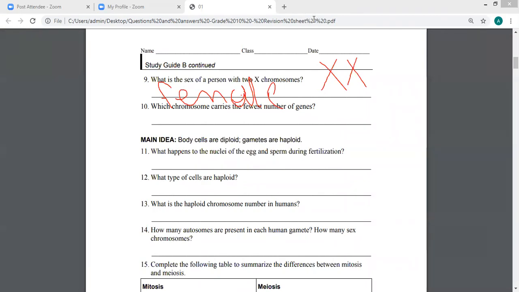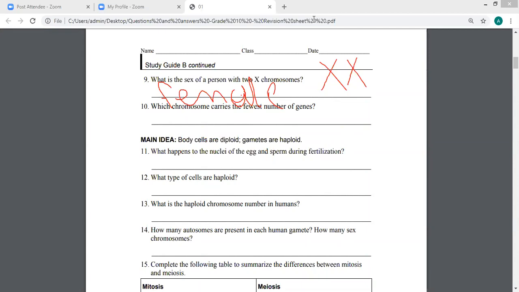Number 10. Which chromosome carries the fewest number of genes? Because it is very, very small, very, very short.